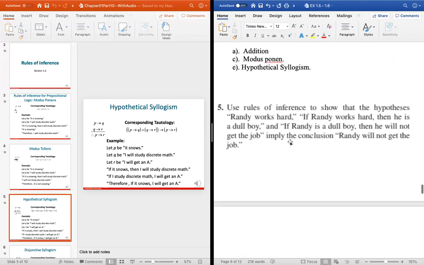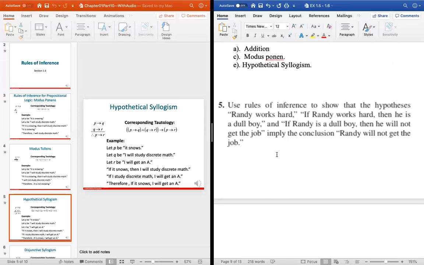So we have to use rules of inference to show that the hypotheses, if Randy works hard, then he is a dull boy, and if Randy is a dull boy, then he will not get the job, imply the conclusion. Okay, so how can we say?